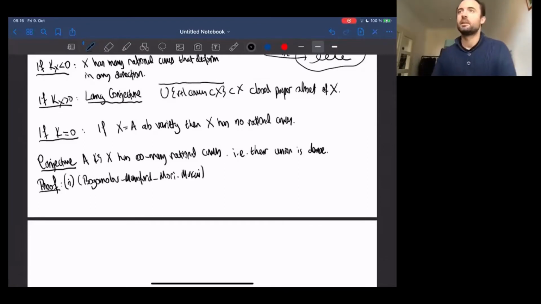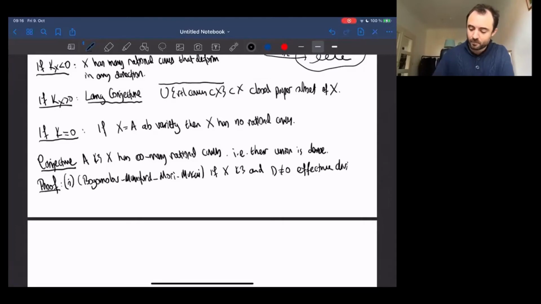And basically what it says is that if X is K3 and D is a non-zero effective divisor on X, then D is equivalent to a sum of multiples of rational curves.